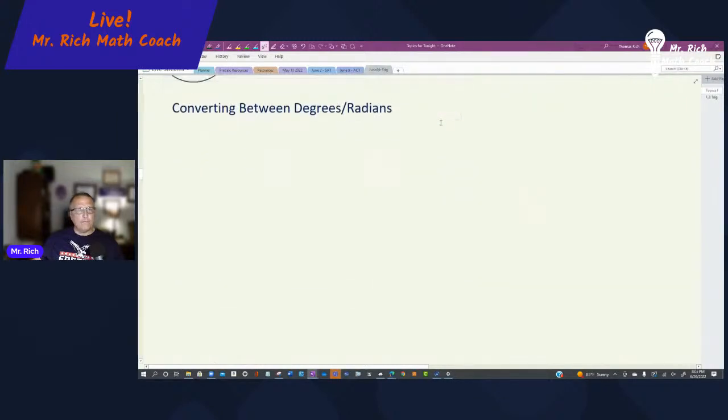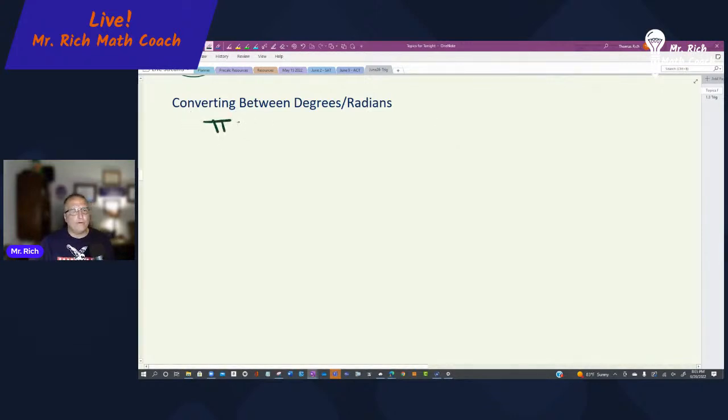Let's talk about converting between degrees and radians. What we do when we do this conversion, if you remember, is we just realize that pi radians is equivalent to 180 degrees.